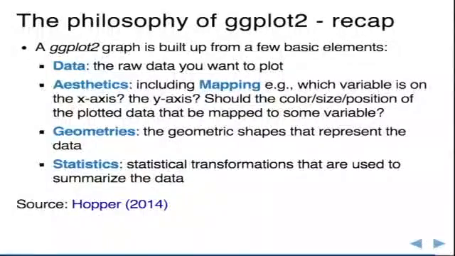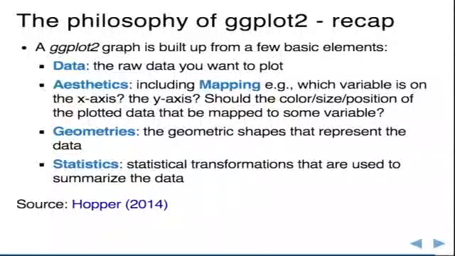Right. So just to recap now, as we talked about earlier, the philosophy of ggplot2 relies on a few basic elements. Data, the raw data you want to plot. So that's the first line that we've shown in each graph. Aesthetics, including mapping which variables on the x-axis or the y-axis.